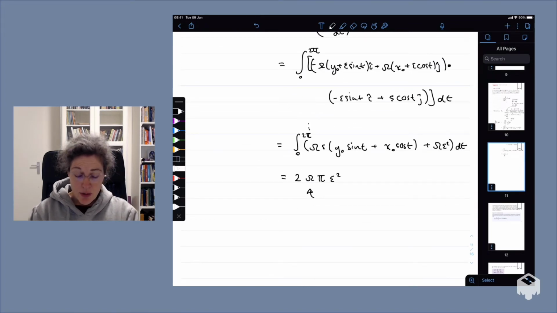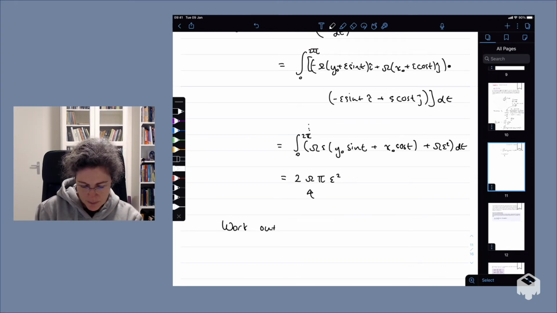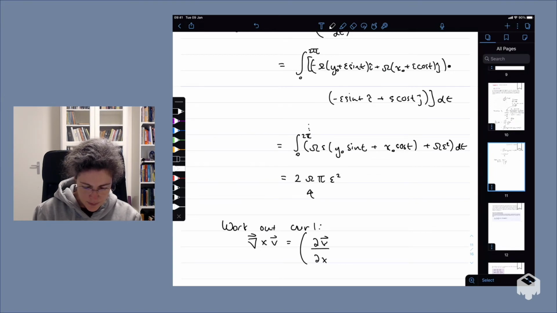How does this relate to our curl? Well, let's work out the curl. So our curl, remember, is our nabla crossed with our vector v, so you can go and check the formulae.